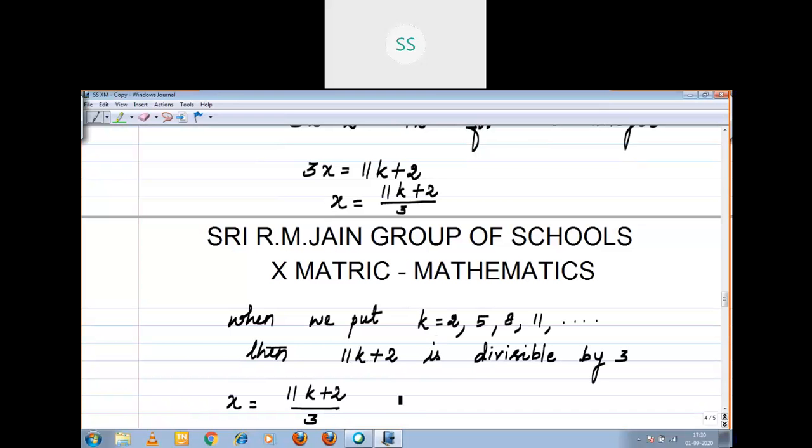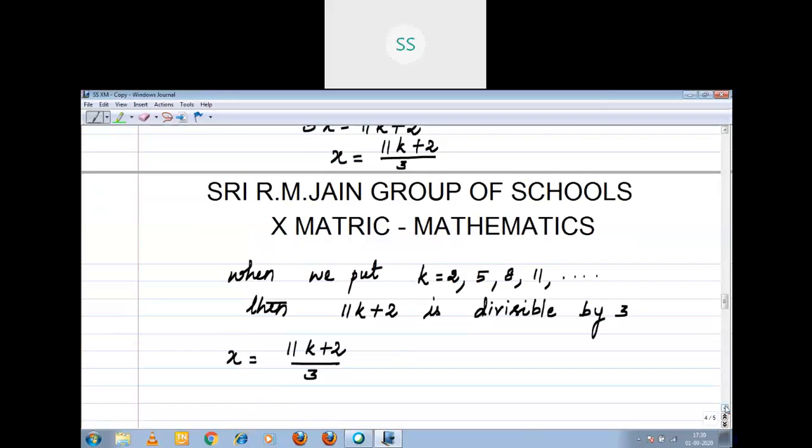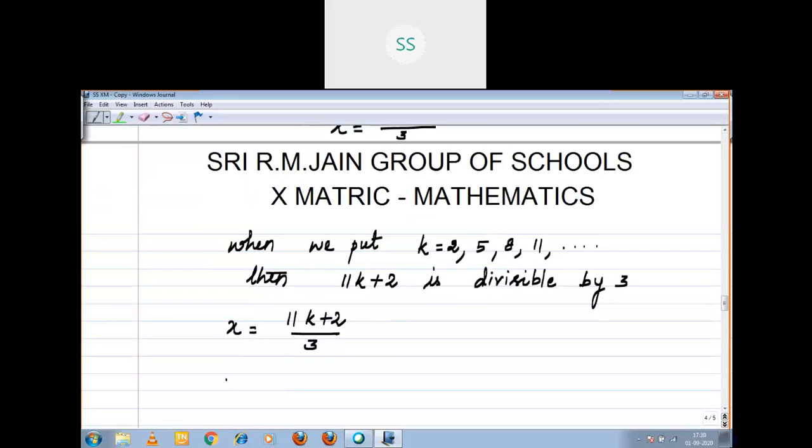Now, x is equal to (11k plus 2) divided by 3. First you have to substitute k equal to 2. x is equal to (11 into 2 plus 2) divided by 3 equal to 24 divided by 3, 8. 11 twos are 22, 22 plus 2, 24. Got it?